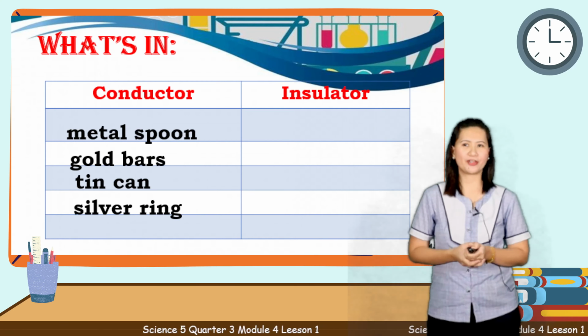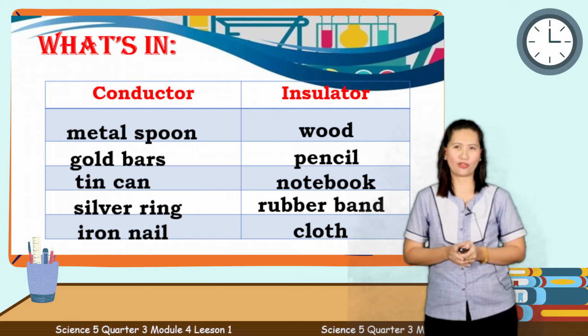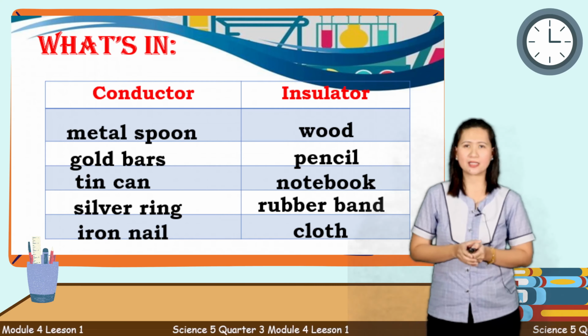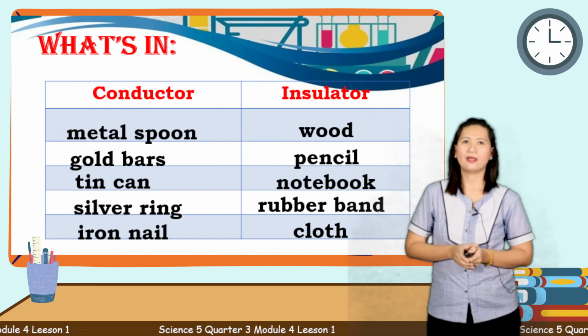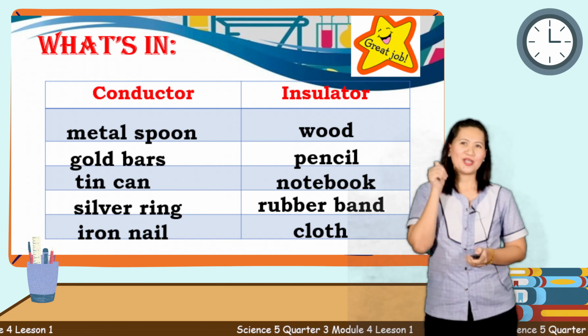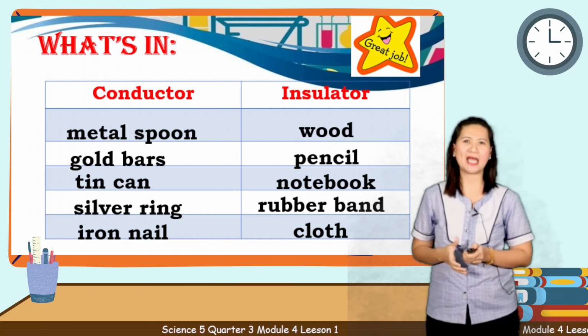For insulator, we have wood, pencil, notebook, rubber band, and cloth. So again, these are the materials that resist the electricity to flow through. So, did you get all the correct answers? So great job for you, young scientists.